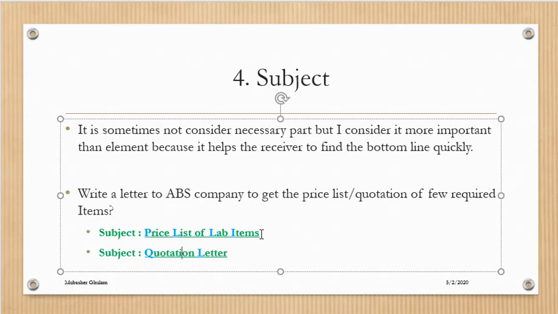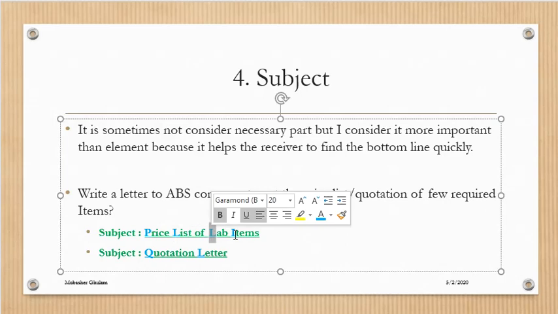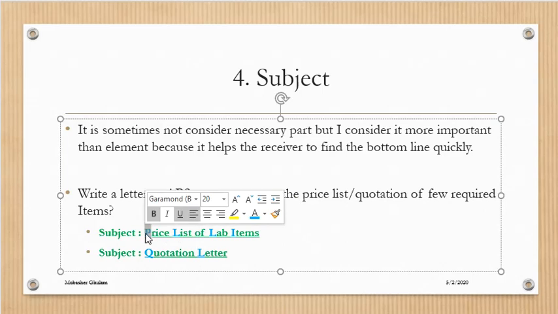Now in this subject line, you can see here in blue I have put these first letters. This is another important thing: except prepositions, you should use capital letters for every word.